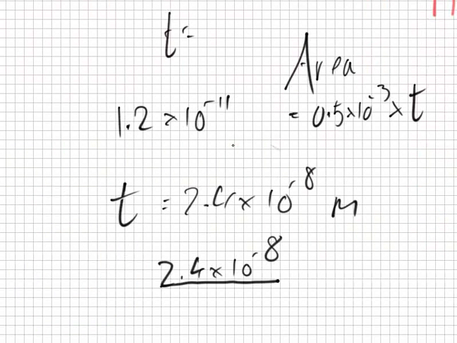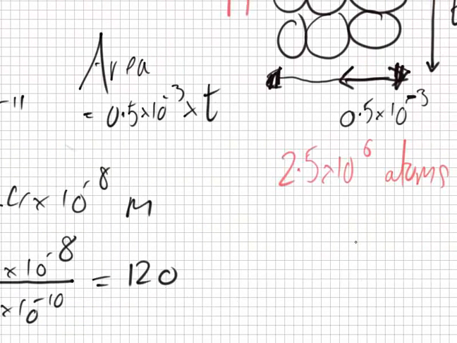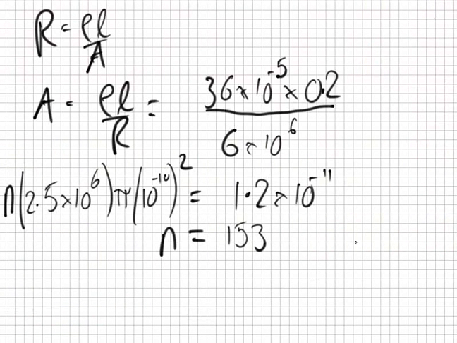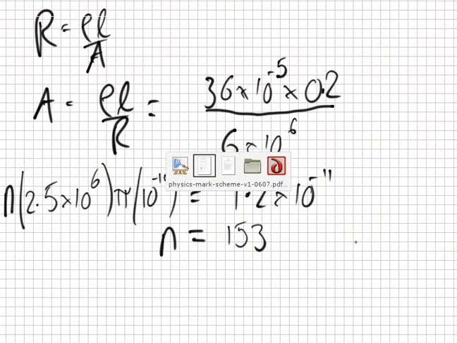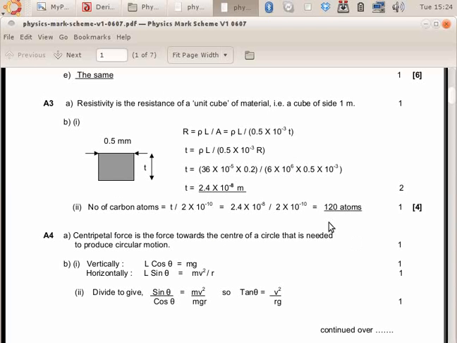Okay, let's check their answer. 2.4 times 10 to the minus 8. Okay, good stuff. So we get T equals 2.4 times 10 to the minus 8 meters. And the next one is we want the number of atoms. So then, shouldn't it just be that divided by the diameter?